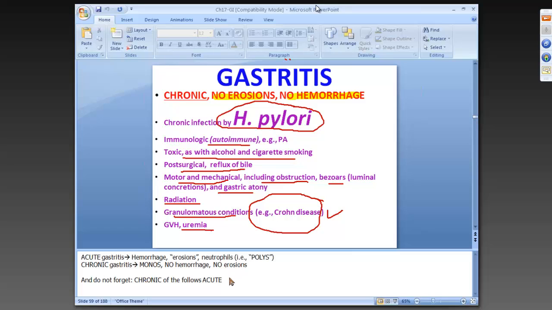On my comments: acute gastritis, you have hemorrhage, erosions, neutrophils. Chronic, monos, no hemorrhage, no erosions, and don't forget the chronic of the chronic always follows.